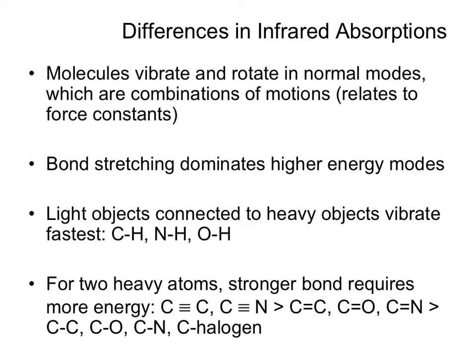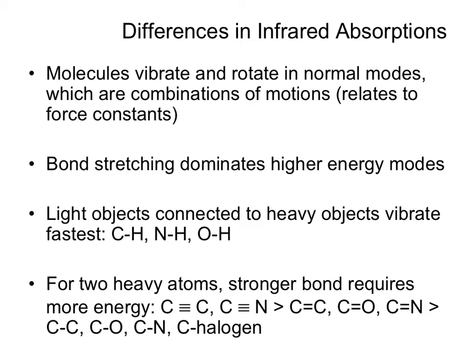Usually bond stretching requires a greater amount of energy as compared to bending modes. So if you just compare apples to apples, a CH stretch is going to require greater amount of energy, usually occurs at the 2900 range, than a CC bend, which is in the fingerprint range.